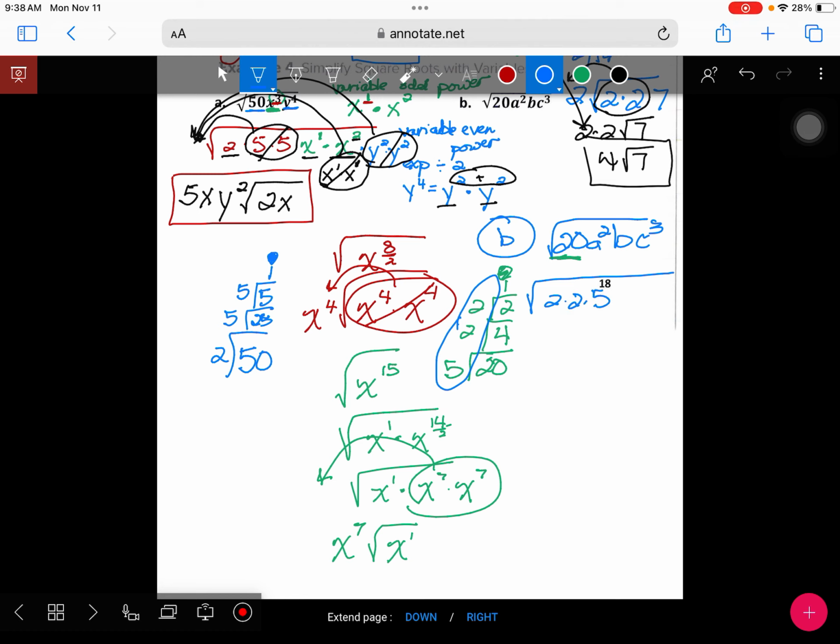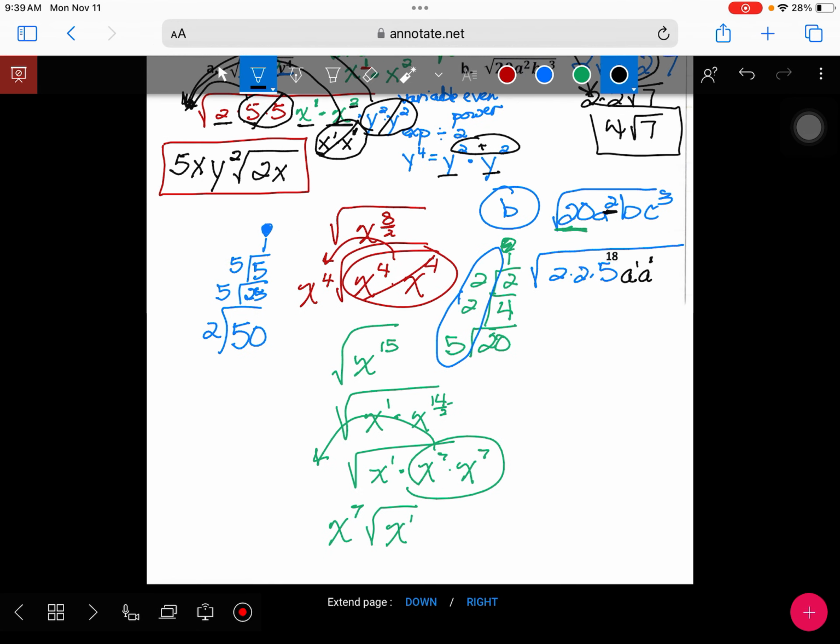A squared. That a squared is even. Divide that by 2. A squared is the same as a to the 1st times a to the 1st, right? B, I only have one B. I'm running out of room. So I just keep that B in there. There's only one.